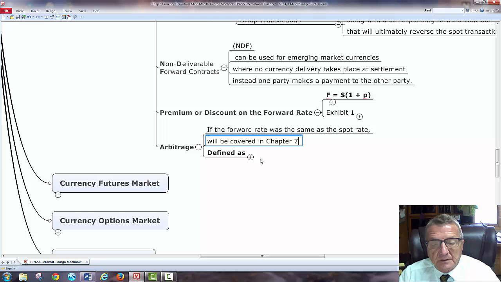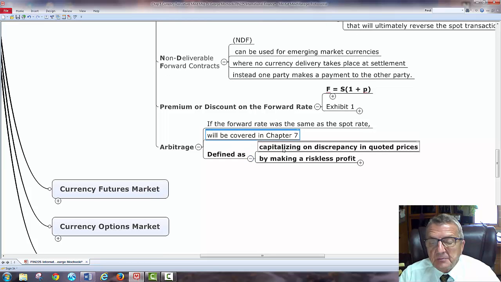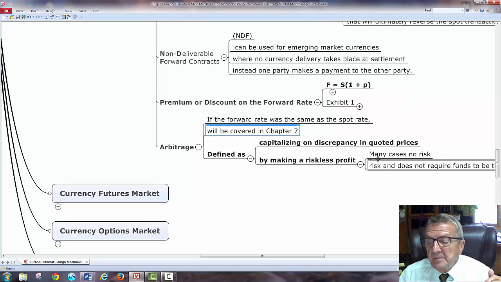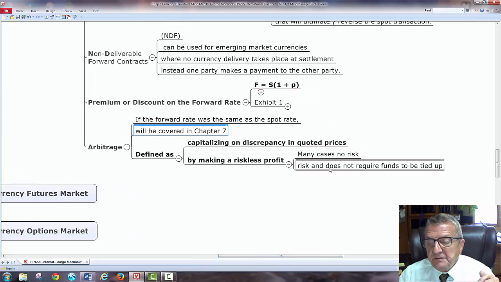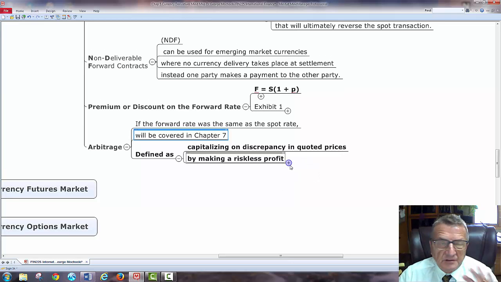Okay, but if I look at arbitrage, the basic definition is capitalizing on discrepancies in quoted prices by making a riskless profit. In many cases, no risk, and it does not require funds to be tied up. It'll make sense when we go into it, and I'll go into a little more detail in chapter 7.